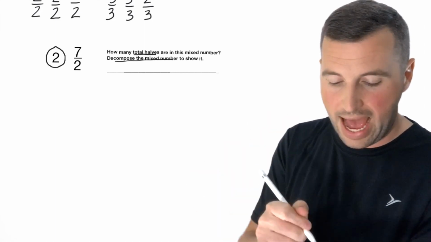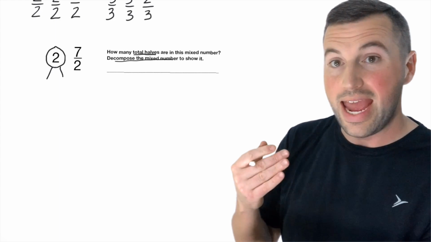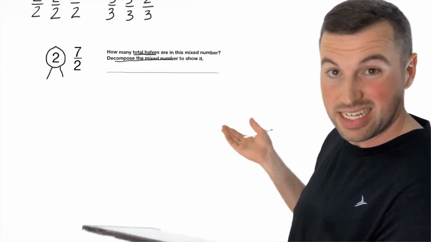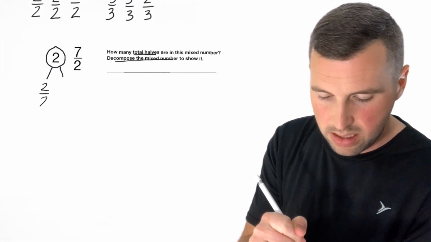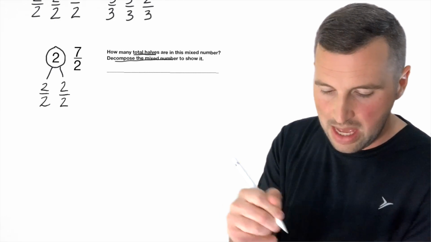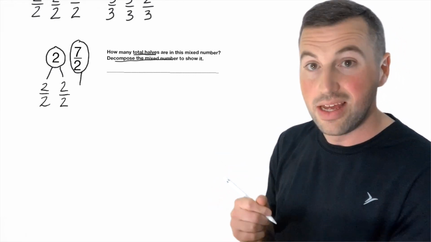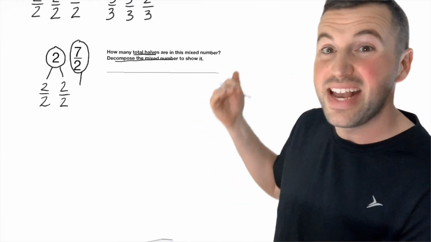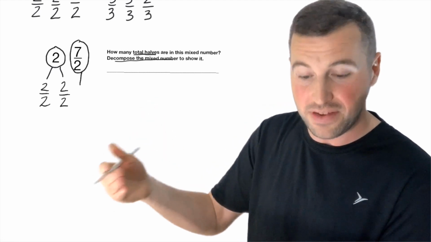So what is that? Just like we did above. Okay. So a whole is, because it's in halves, is 2 over 2. So I'm going to pull out 2 halves and 2 halves. Now I also want you to pull out any wholes from 7 halves.